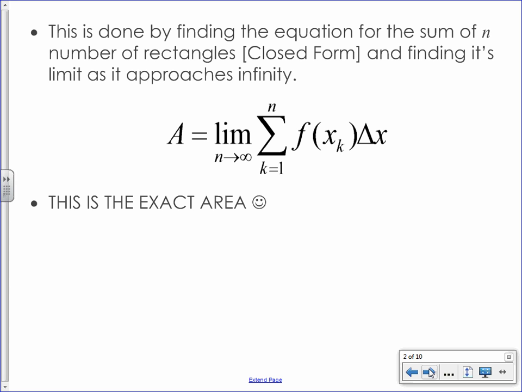Well, I want n number of rectangles, so that's why we're summing up from 1 to n. If we take the limit as n approaches infinity, basically we're summing up an infinite number of rectangles. This is what gives us our exact area.